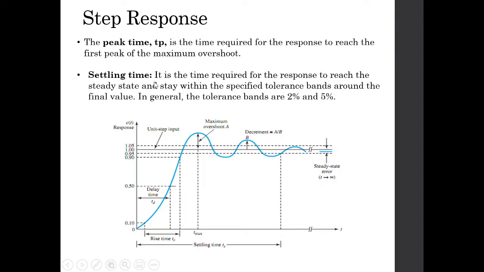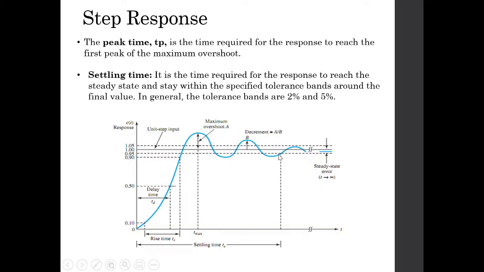Then you have the settling time. It is the time required for the response to reach the steady state and stay within the specified tolerance bands around the final value. In general, the tolerance bands are 2% or 5%. So this is your final value. Whenever the second order system response reaches within 2% or 5% of the final value, you will say this is your settling time.